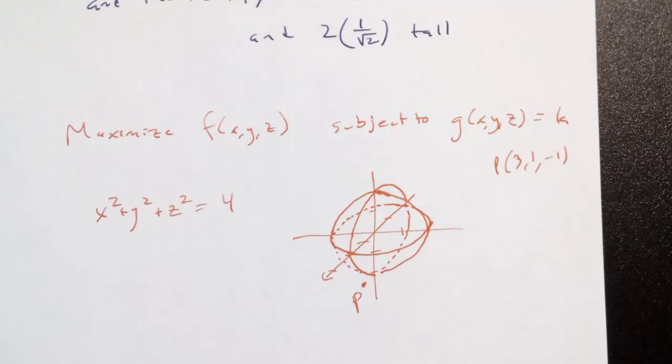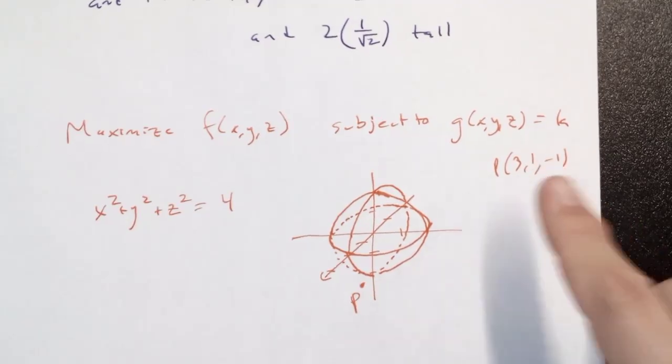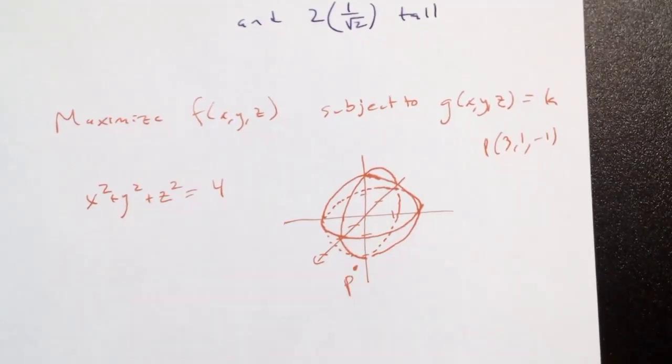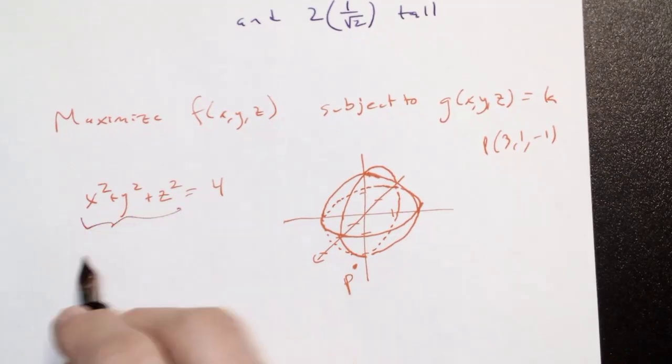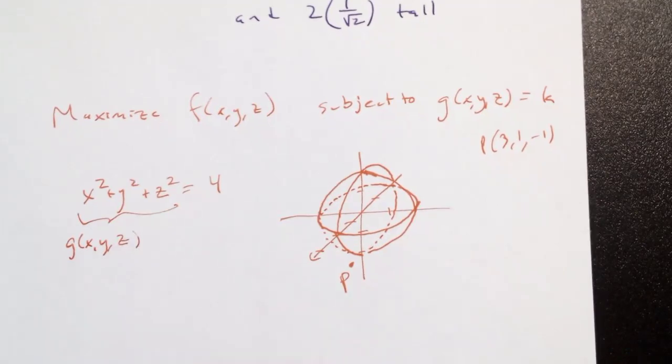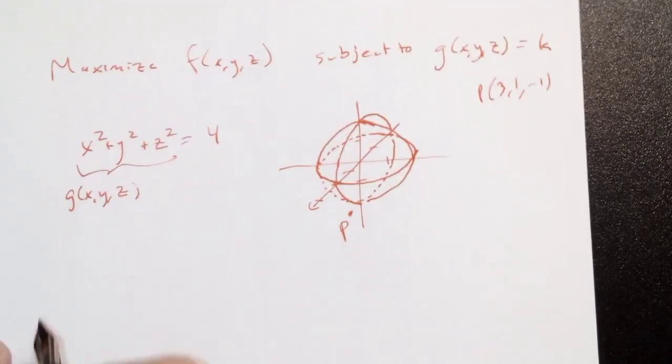I'm going to do the same trick. I'm going to make the distance function. This is my restriction. I want a point on the sphere. So this is g of x, y, z right here. And then I'm going to play the same game, and say, let's use the distance function, but we'll square it to get rid of the square root.